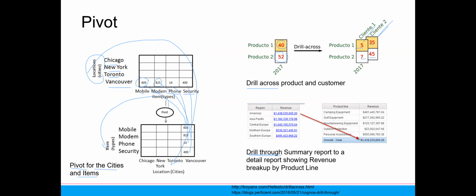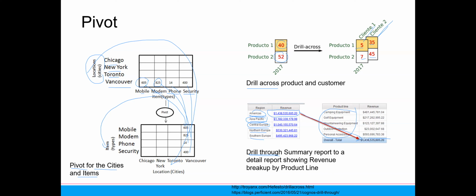If it is about drill through, it means I have the revenue from the region. Let's say this is America, Asia Pacific, Central Europe, and so on. And I want to drill through this one into the product line.